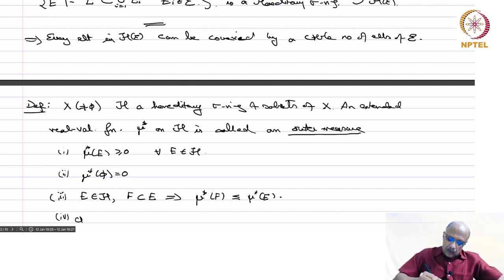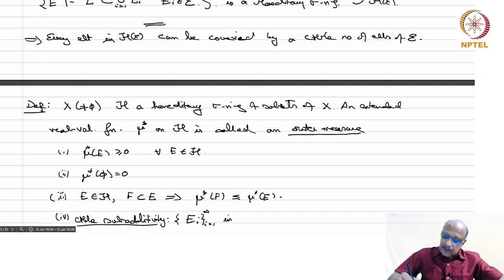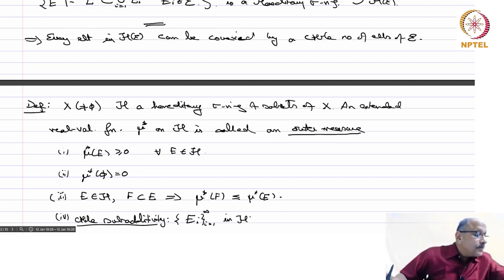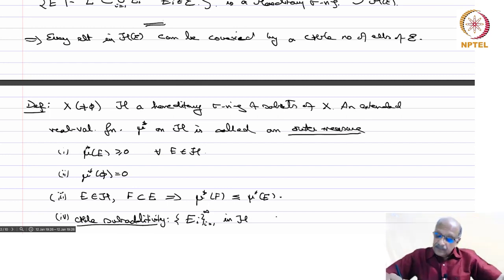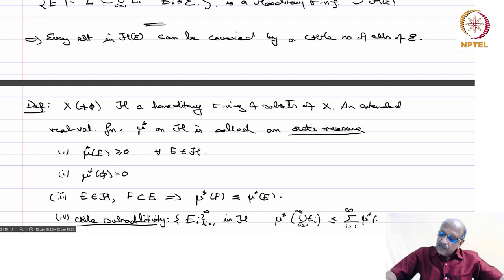And 4, countable subadditivity. If E_i, i equals 1 to infinity, are in H, then mu star of the union, which is already in H since it's a sigma ring, is less than or equal to the sum from i equals 1 to infinity of mu star of E_i.